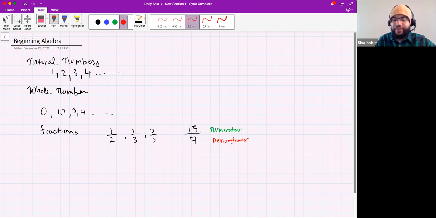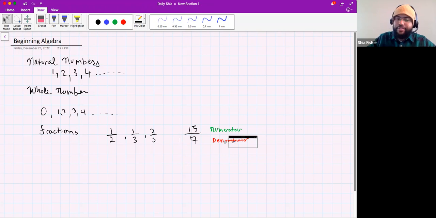I don't know the etymology, but it's like the denomination or something. You could think of it that way. In the middle here is the little fraction bar. I've literally never heard this called this because no one ever talks about what this is outside of this book. So I'm just going to erase that.